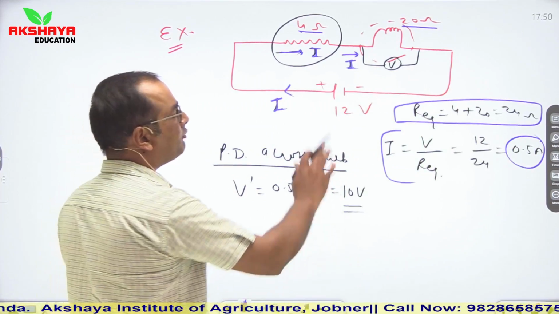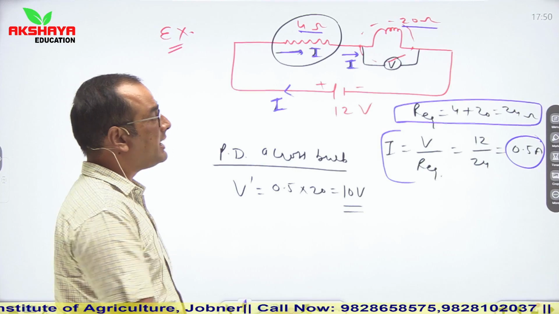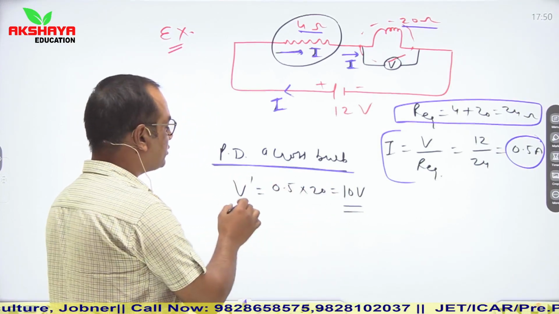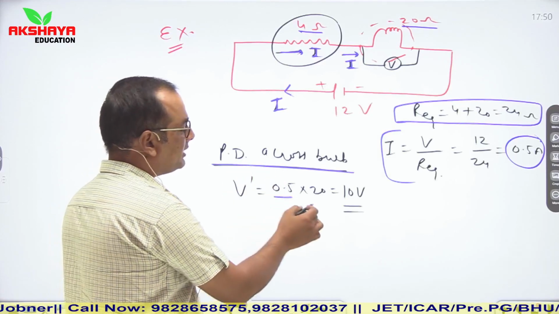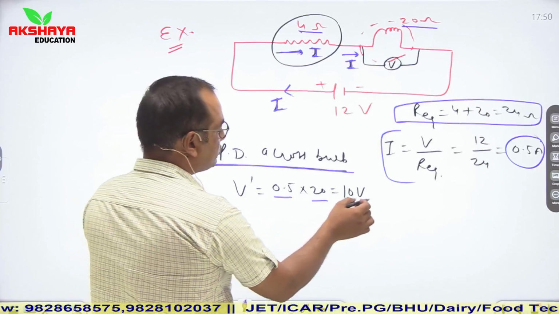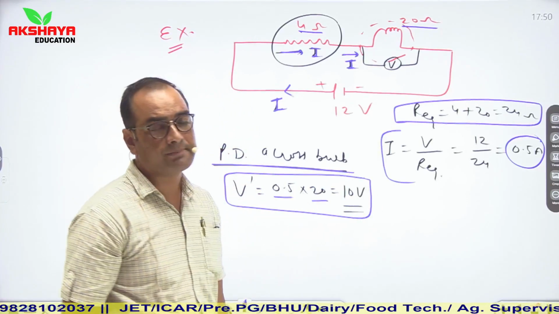Now if we have to find the potential difference across the 20 ohm resistance of this lamp, then the potential difference across this bulb or lamp is equal to current 0.5 into resistance of this lamp, which is 20 ohms. So the potential difference across this bulb is equal to 10 volts.